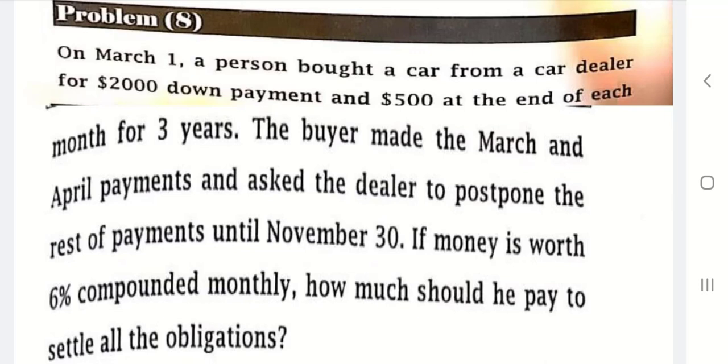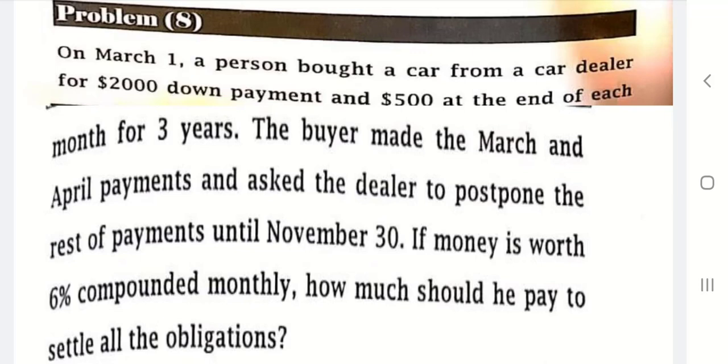But in this example, he can't pay. The buyer made the March and the April payment and asked the dealer to postpone the receipt. So he will postpone the receipt of payment.